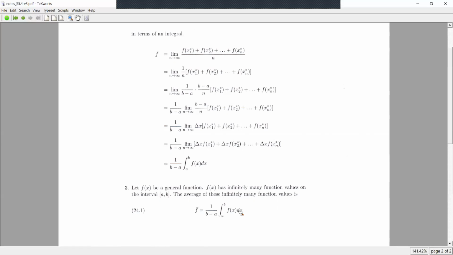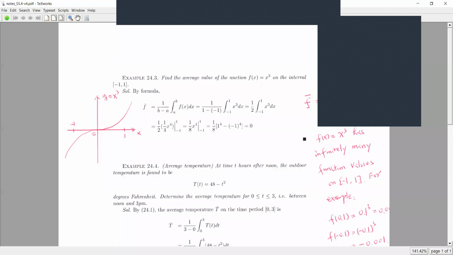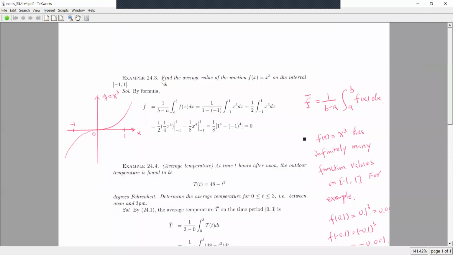Now, in the following, let me show you examples of how to use this formula to solve problems. Two examples about the formula for the average function value. Example 1.